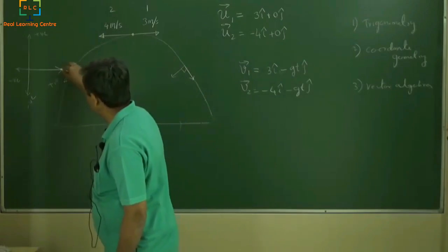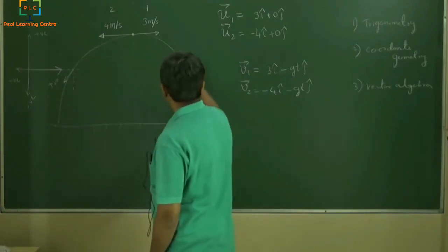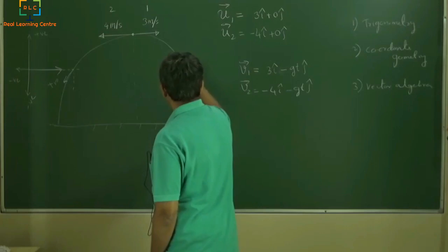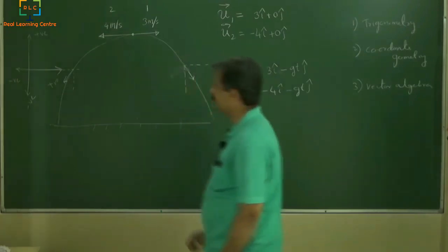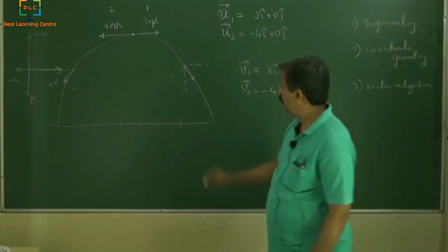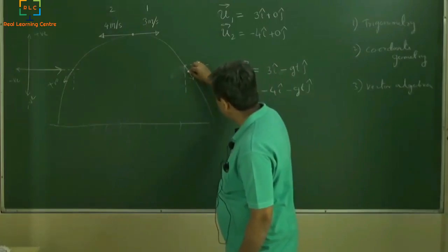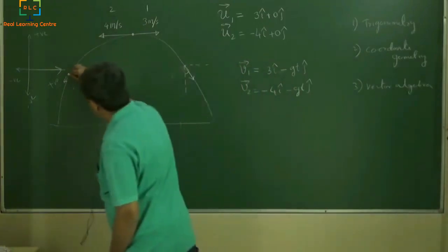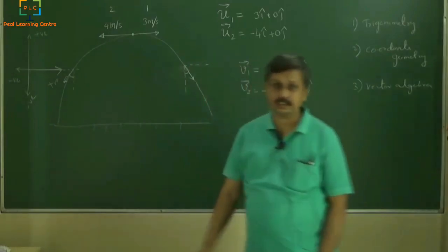Now to have this possibility, if I write like this, I can say that this angle plus this angle is 90 degrees.